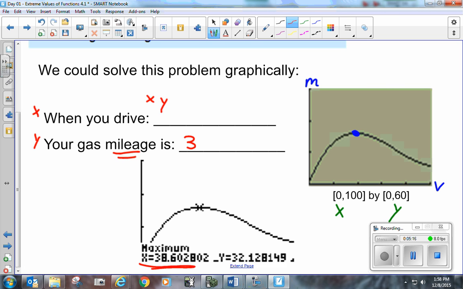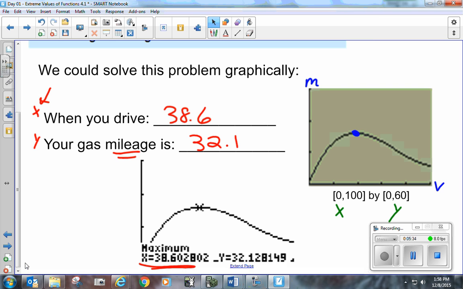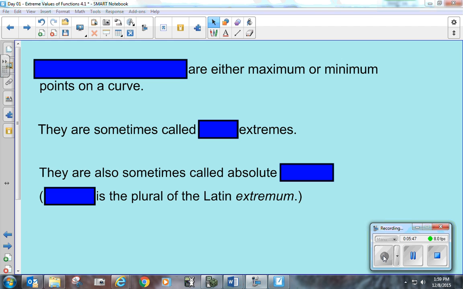My x is down here. X, 38.6, let's call it. My gas mileage. Calculator doesn't for me. But in all the instances that we do, sometimes the calculator can help you, and sometimes it's not going to help you.